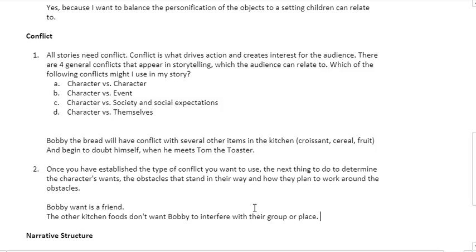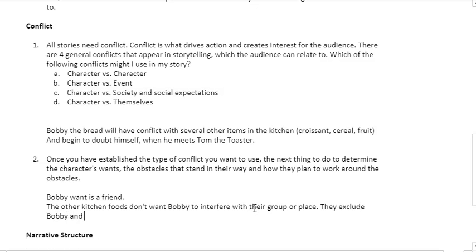They want to be the main items in the kitchen, and so they're reluctant to be friends. So they exclude Bobby, and he stops looking for a food friend.